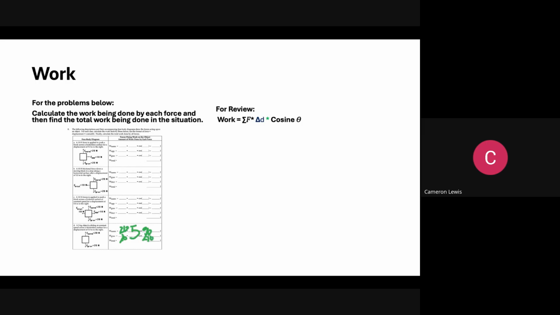So what we see here is both of these end up being 0. So now we have 0 for this. So our total is 0. What does this problem really show us? That when the forces are not parallel to the movement of the object or the surface that the object's moving in the direction, right?